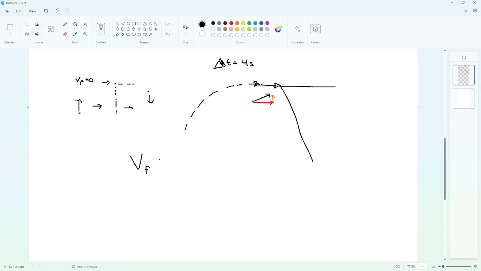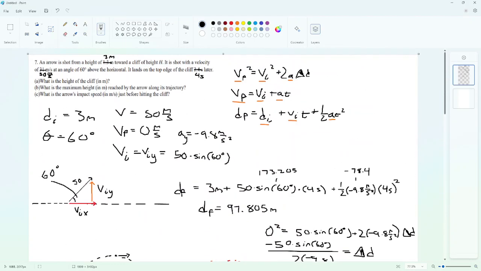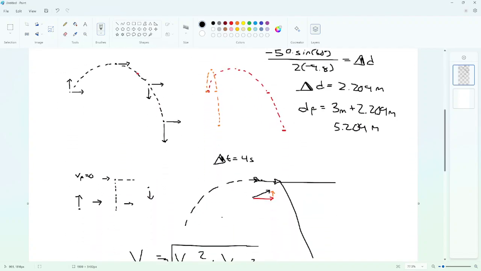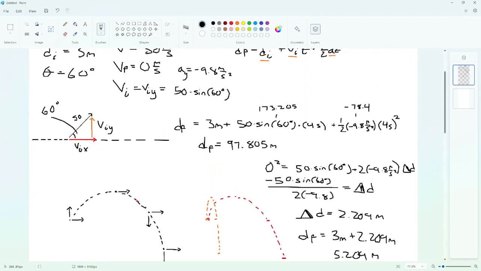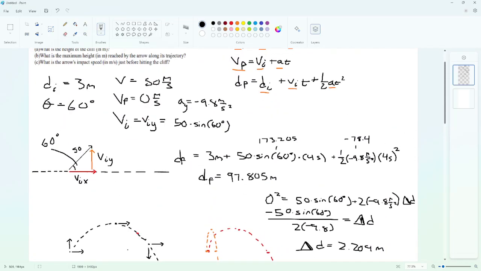Those two components in relation to our final velocity is going to be as such. Velocity final is going to be equal to the square root of velocity final x squared plus velocity final y squared. That's going to be our relationship. So since our horizontal component we know already is going to be the same as over here, which is going to be, is that 60?